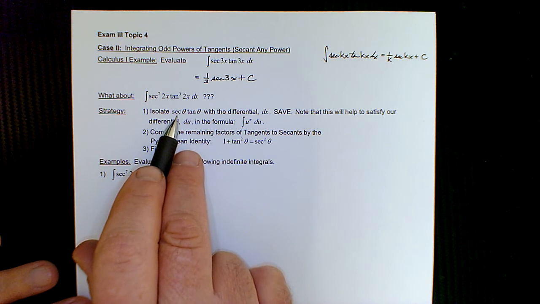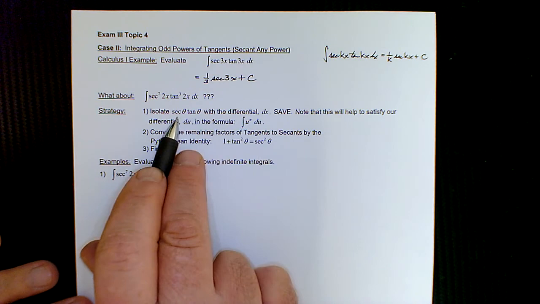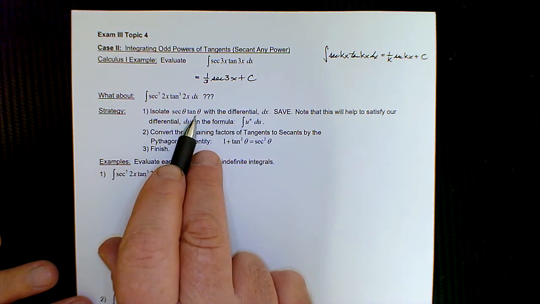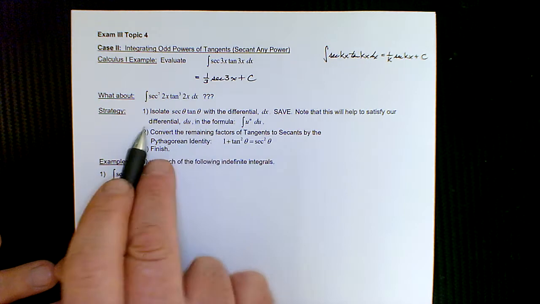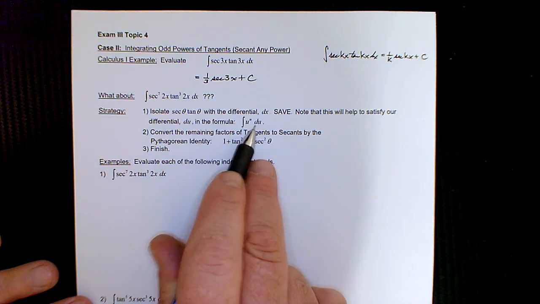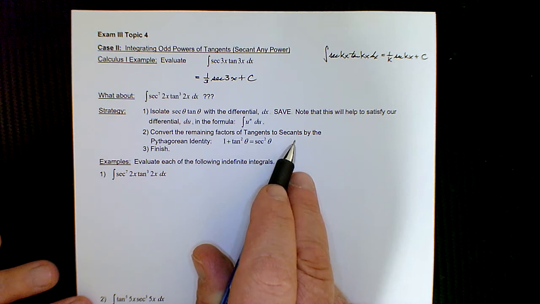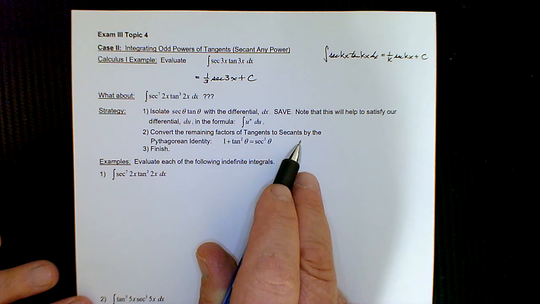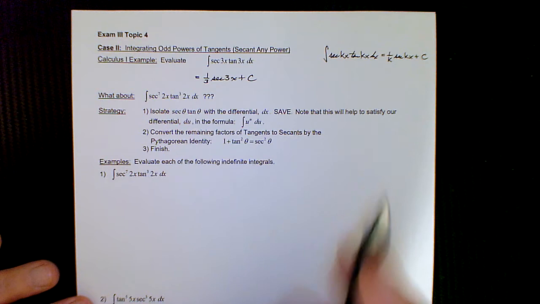In this case, our only choice is to isolate a secant tangent with the differential dx, because secant tangent is the derivative of secant. So then we're going to save that, and that's going to satisfy the du in the formula for the integral of v to the n with respect to u. We'll convert the remaining factors of tangents to secants by the identity, and then we'll finish.